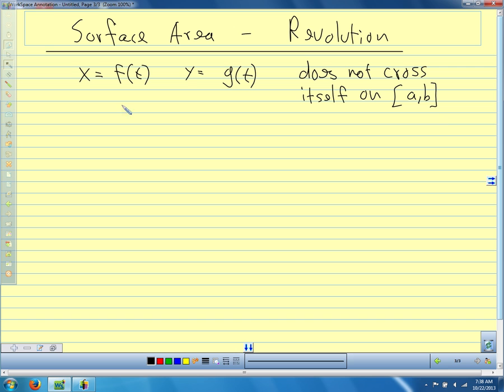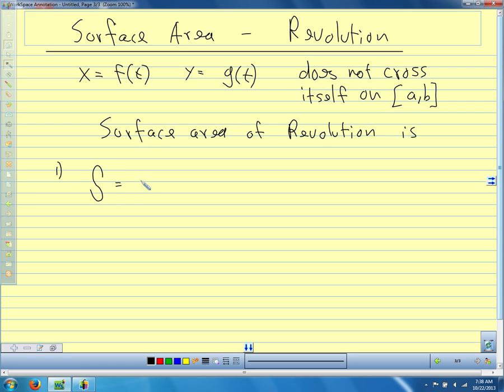And our surface area. And we're going to have two expressions depending on which axis we revolve about.